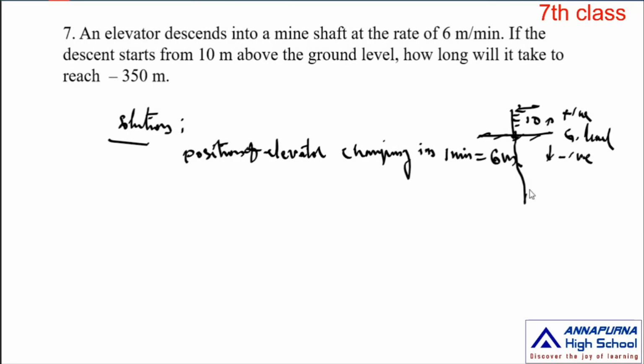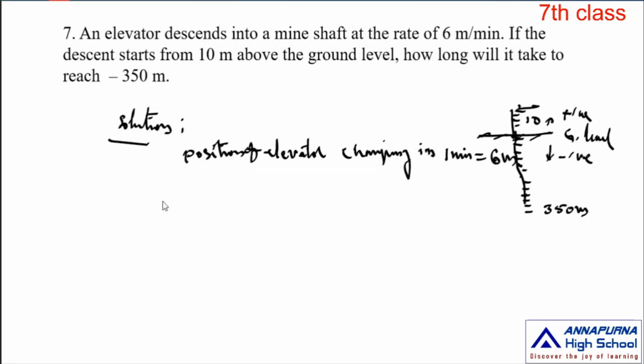Because to reach means below ground level. It shows below ground level. That means from ground level, how long will it take to reach 350 meters? To reach 350 meters, how much time will it take? That is the question. Since the distance starts from 10 meters above ground level, that can be represented by positive.